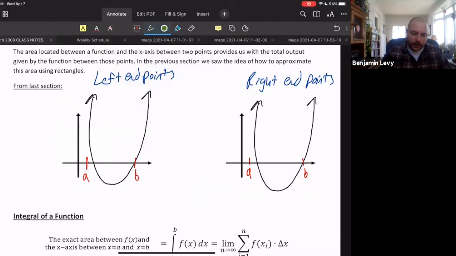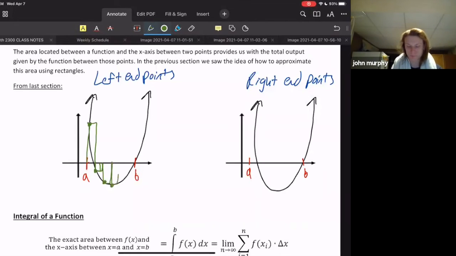So I'm going to try to do the same number of rectangles. Maybe I'll do 1, 2. Remember, the left side of the rectangles are going to be touching here. 3, 4, 5, 6.